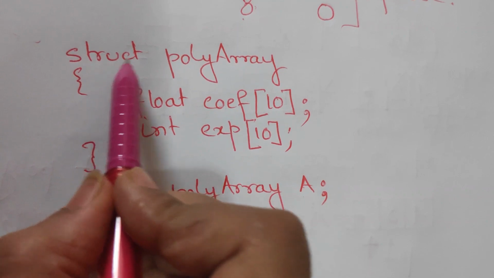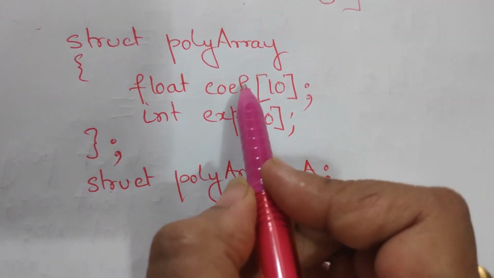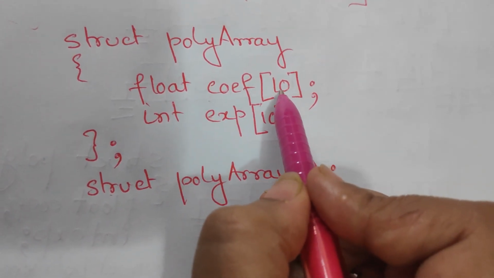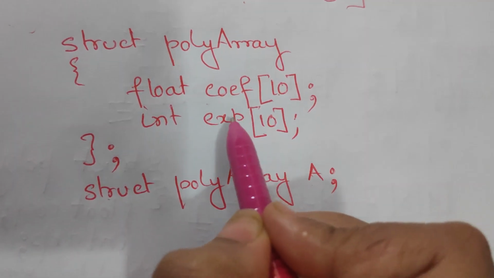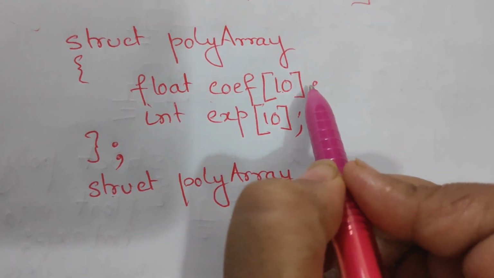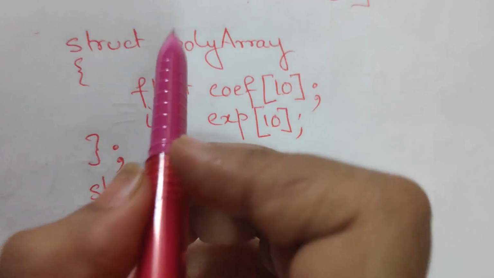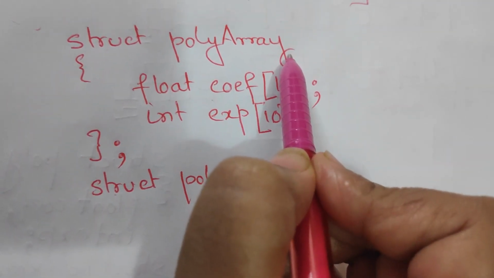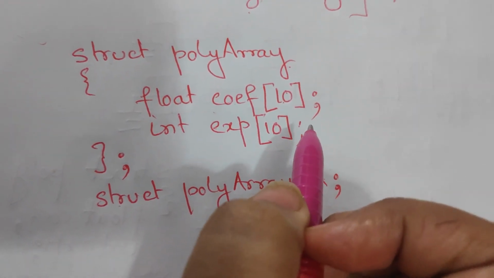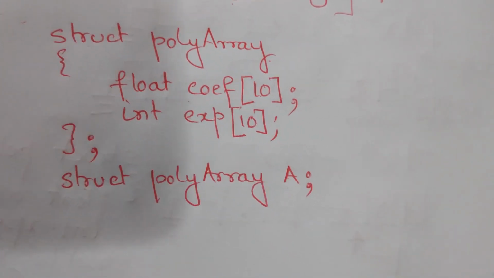Say we have created a structure polyarray, and inside the structure we have created an array of coefficients which can hold 10 coefficients and an array of exponents that can hold 10 exponents. So basically this means that the polynomial that we represent using this structure can hold 10 terms.